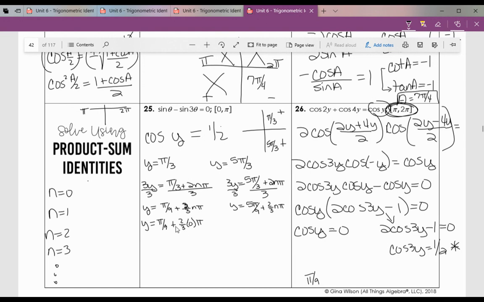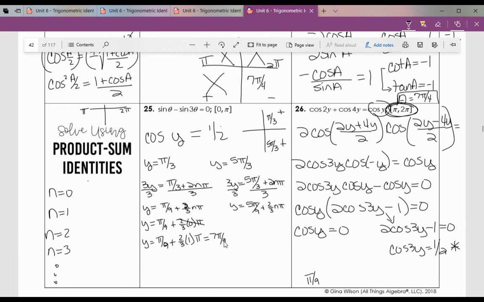So that is one answer because all that drops out. Then I'm going to take pi over 9 and add 2/3 times 1 pi. So 1 over 9 plus 2/3 gives me 7 pi over 9.